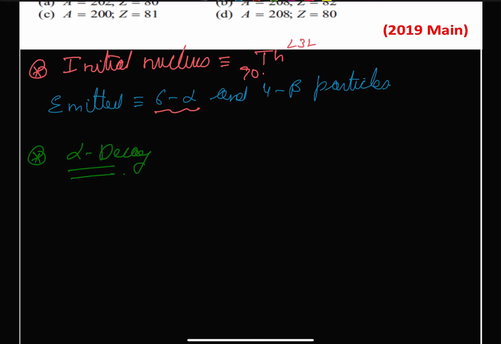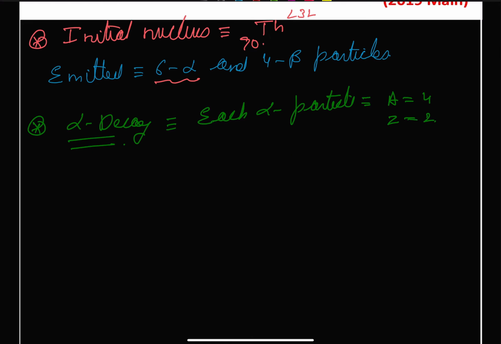We know that for each alpha particle the value of A is 4 and the value of Z is equal to 2, and we are given that we are having 6 alpha particles.